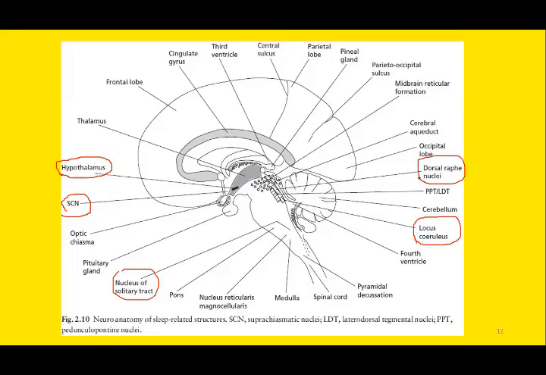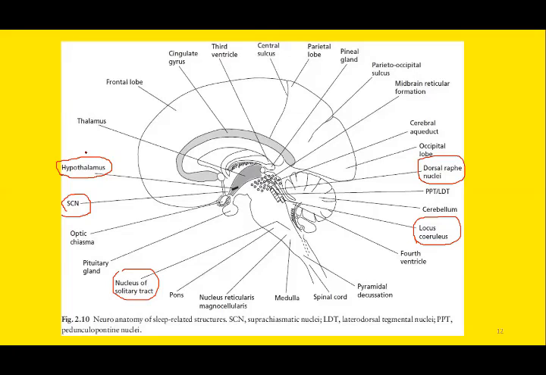So I have highlighted the important nuclei which are related to the sleep wakefulness cycle. So I repeat, the hypothalamic areas of suprachiasmatic region, the nucleus of tractus solitarius, nucleus of locus ceruleus, and Raphe nucleus. All these are very important for the sleep wakefulness cycle.